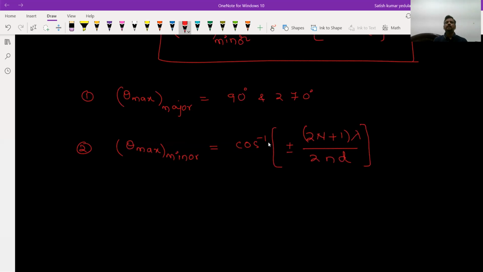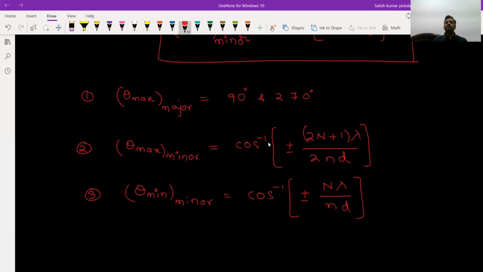Third is theta minimum of minor, which is nothing but the null direction, equal to cos inverse of plus or minus n lambda by nd. It's very easy for you to remember.